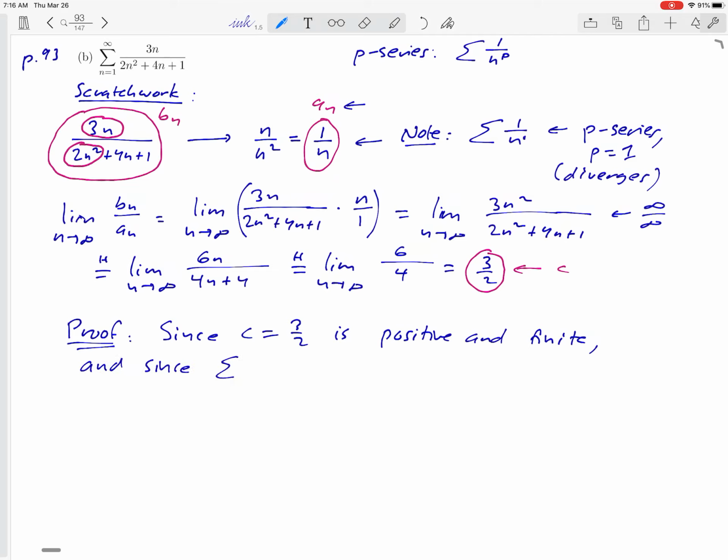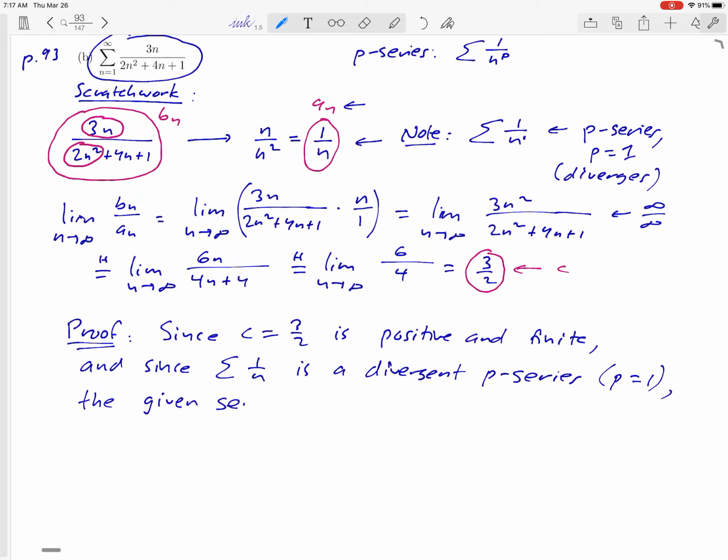We notice that that's a divergent p-series because of the fact that p was 1. The conclusion is that the series we were given, way up here at the top, is also a divergent series.